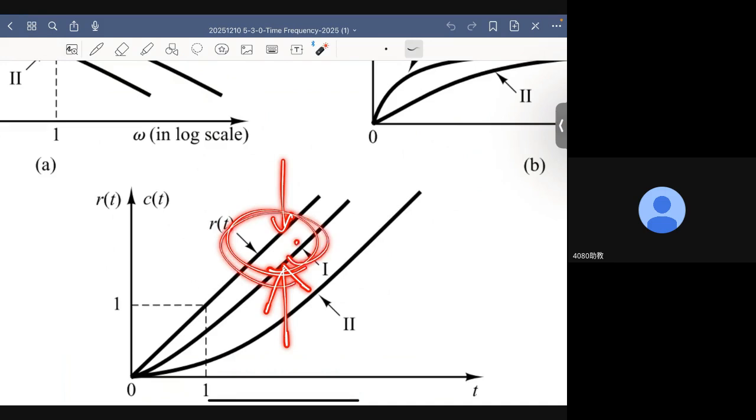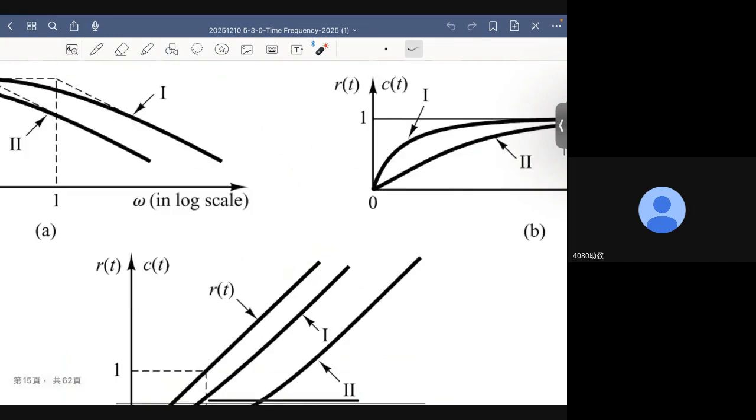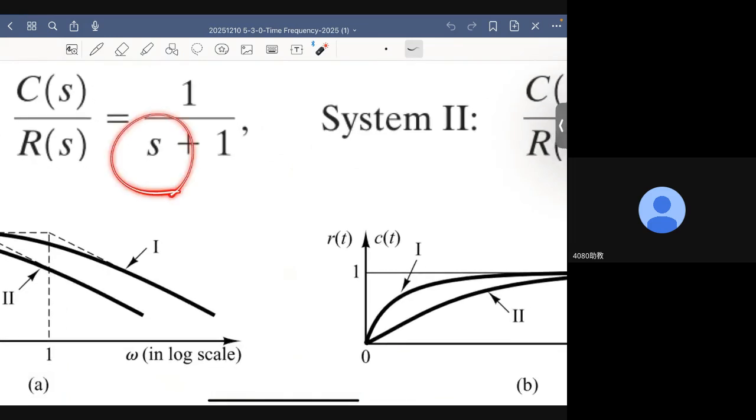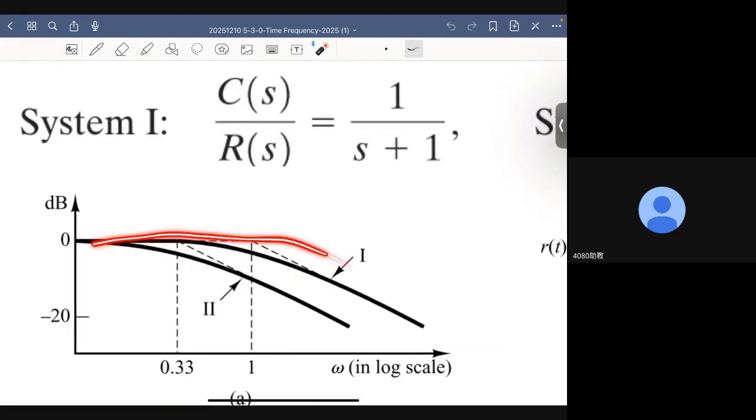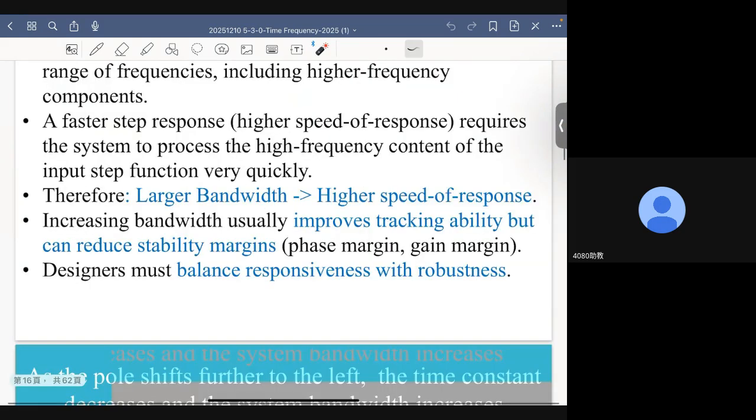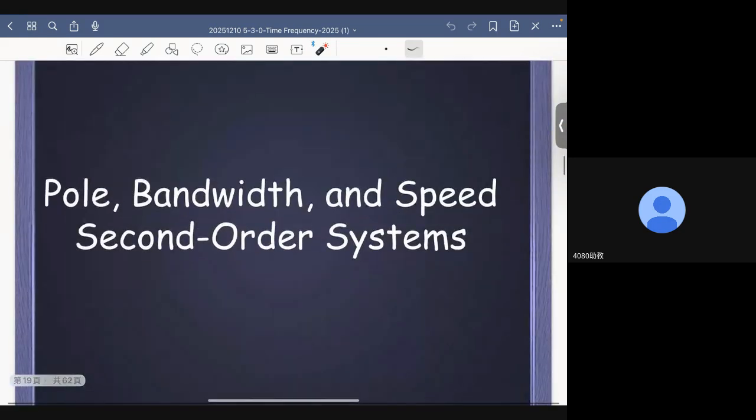If this steady state error is not small enough, then you need to decrease the time constant further, which means you need to increase or extend the bandwidth further. All right, that is the rule of thumb. But as I said before, you also need to consider the factors of noise, and stability measures such as phase margin and gain margin.